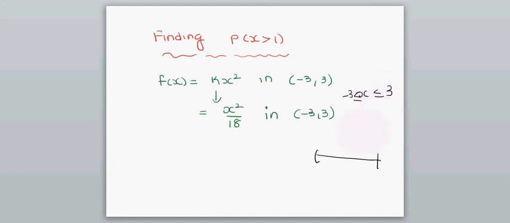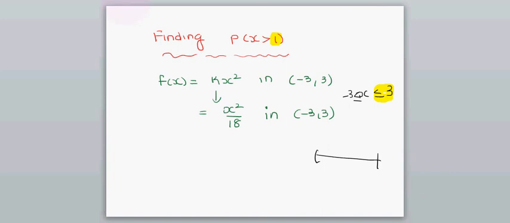Greater than 1 and less than 3. So the upper limit for the integral is 3 and the lower limit is 1. More than 1 and less than 3. That's the area we're supposed to calculate now.